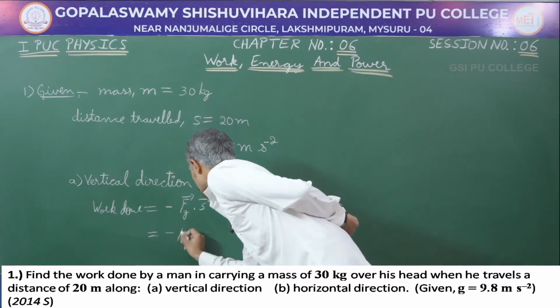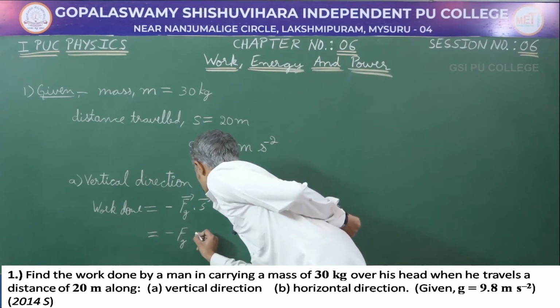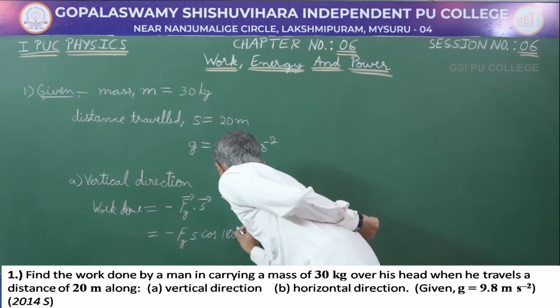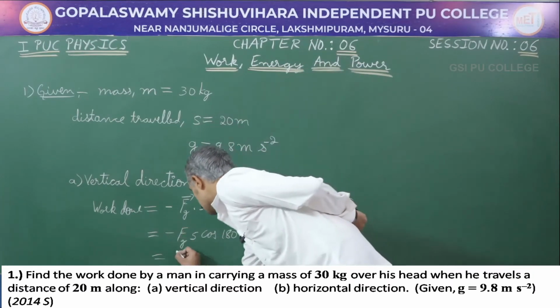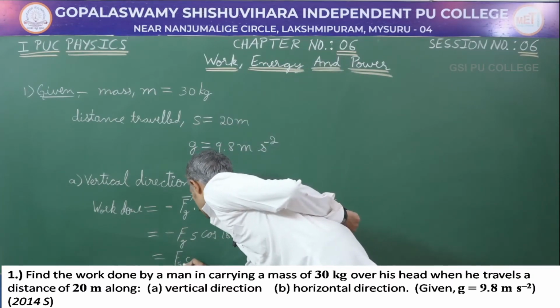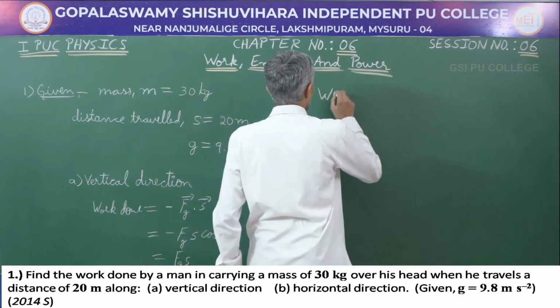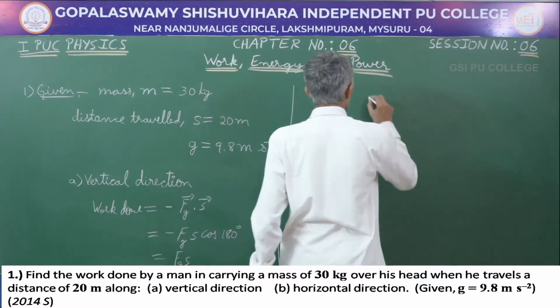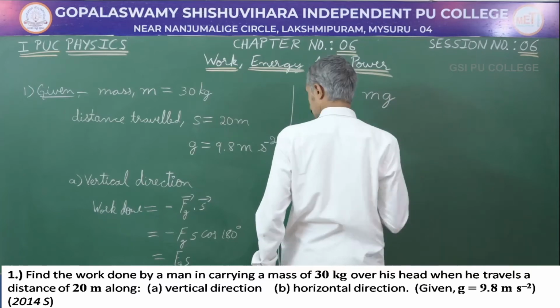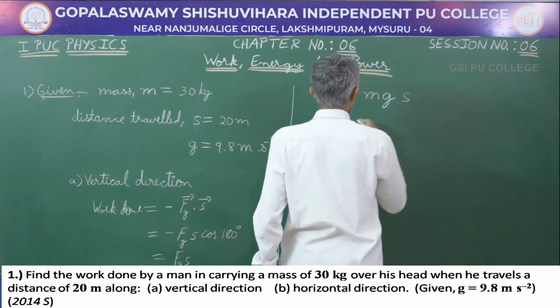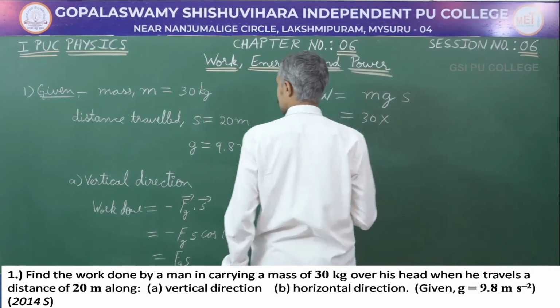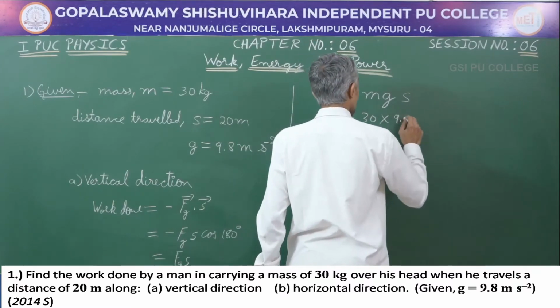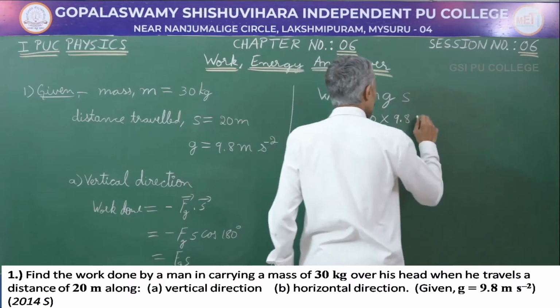This is going to be minus the gravitational force into distance into cos 180 degree. Cos 180 is minus, and minus and minus I can make it plus. So Fg into S. The work done is going to be, the gravitational force is now mass into acceleration due to gravity into S. So mass is 30 kg, acceleration due to gravity is 9.8 meter per second square.